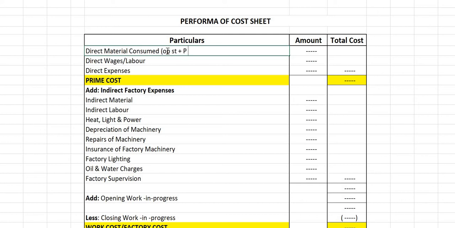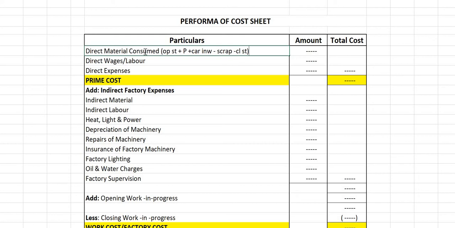Now, whenever you purchase the raw material, there must be some carriage, so the carriage inward. If there is some scrap and you are selling that scrap, that can be subtracted, and you have to subtract the closing stock of material. Once you are done with this, you will get the direct material consumed.